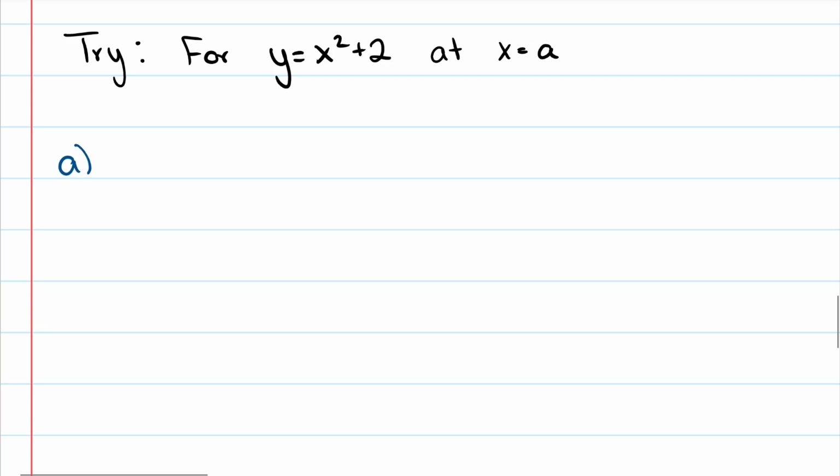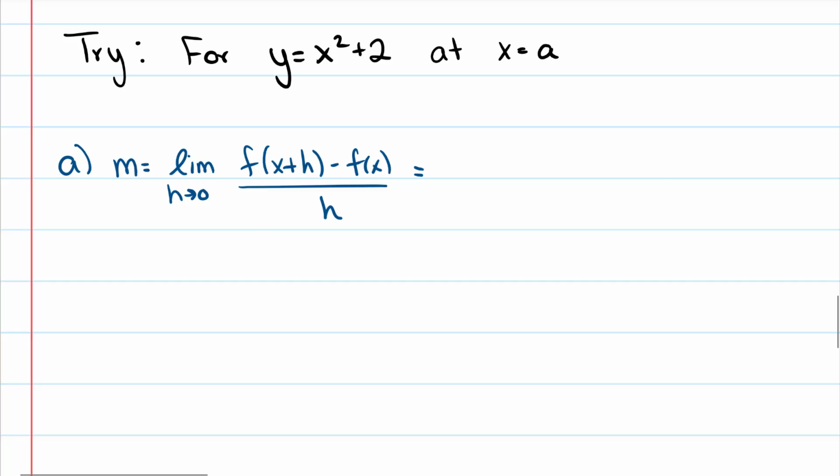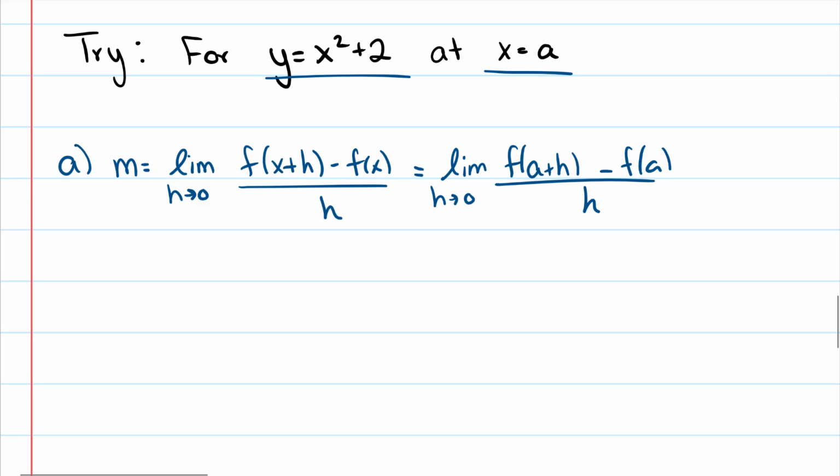So for part A, we're going to find the slope. So m is equal to the limit as h approaches 0 of f of x plus h minus f of x, all divided by h. And in this case, we're letting x equal a. It's the limit as h approaches 0 of f of a plus h minus f of a, all over h. So now all we have to do is use our function to evaluate it.